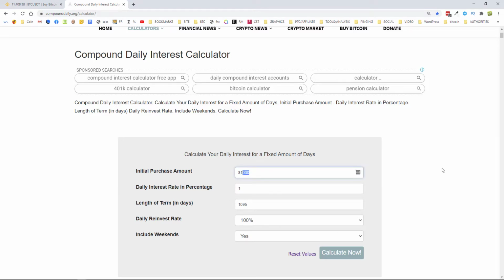So if it's Monday today and I put in $1,000 and I start buying some cryptocurrencies and I get an average of 1% combined within 24 hours, one day, I would grow that $1,000 to $1,010. Because 1% of $1,000 is $10.